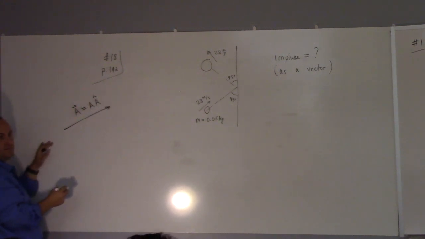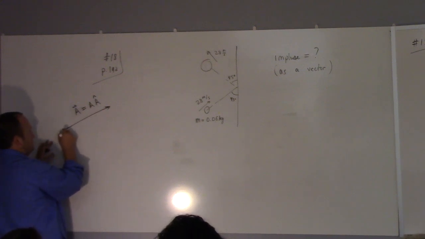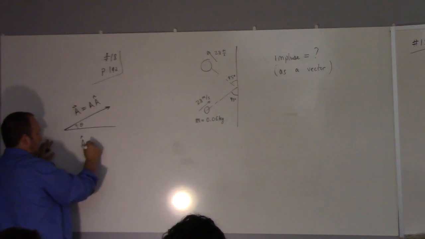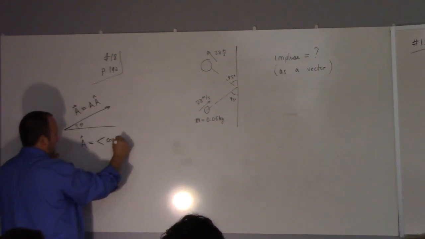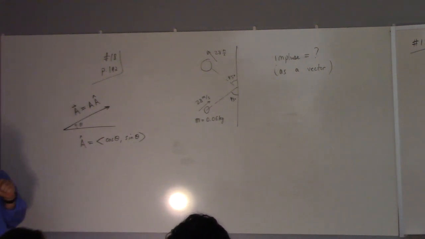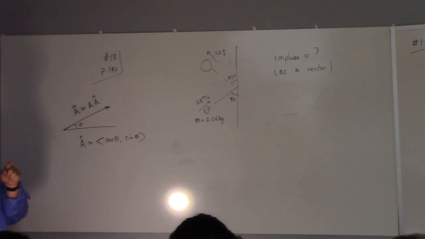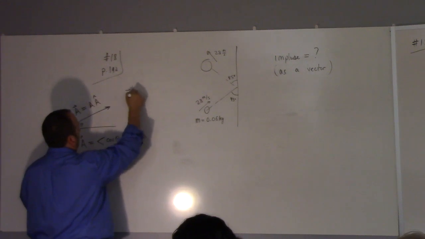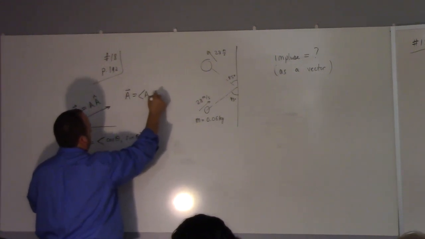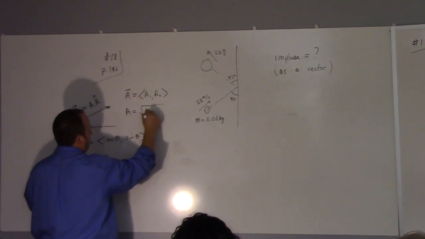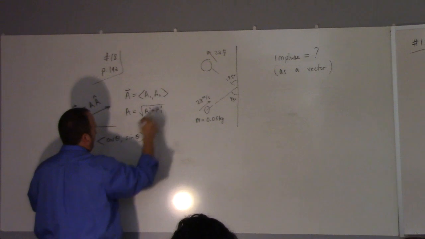In this a hat, if this is theta, a hat is given by cosine theta, sine theta. So it's a unit vector which points in the direction in which the vector is pointing, and then the magnitude is just a. So if a is equal to, say, a1, a2, then the magnitude of a is the square root of a1 squared plus a2 squared, right?